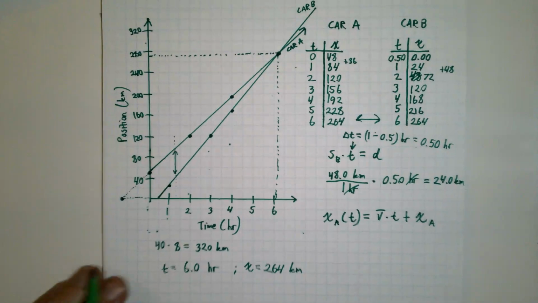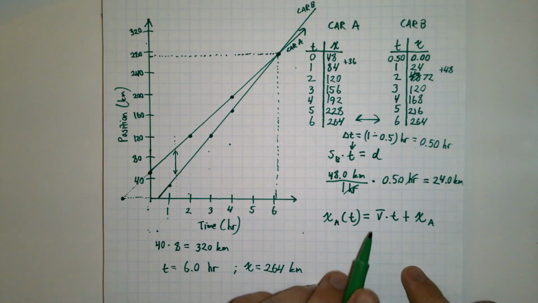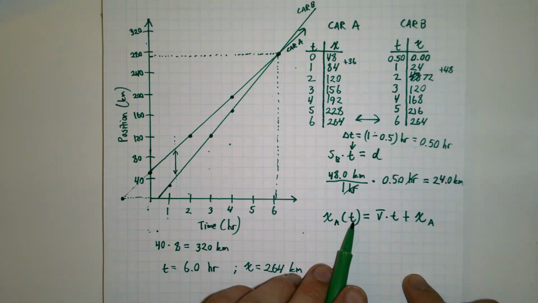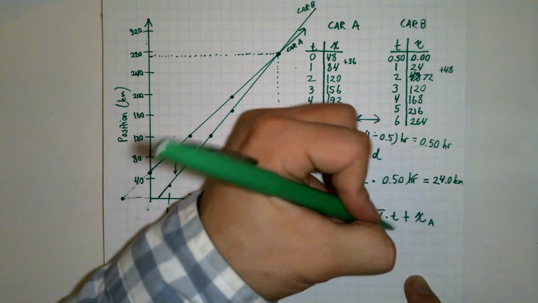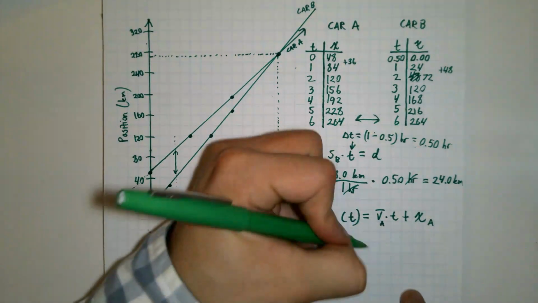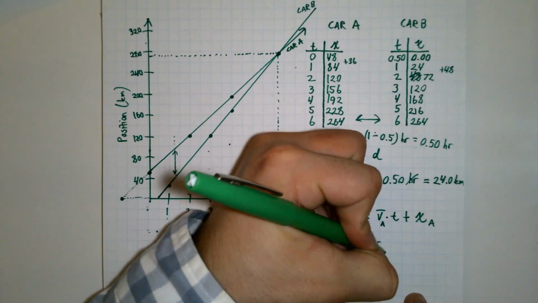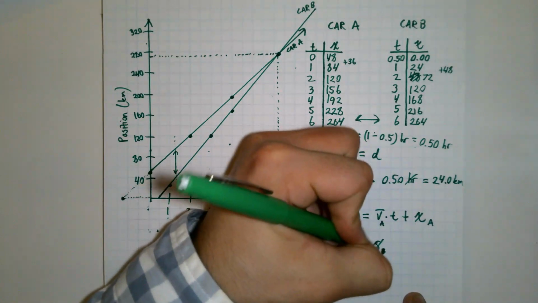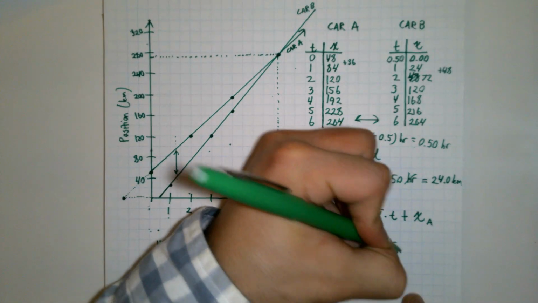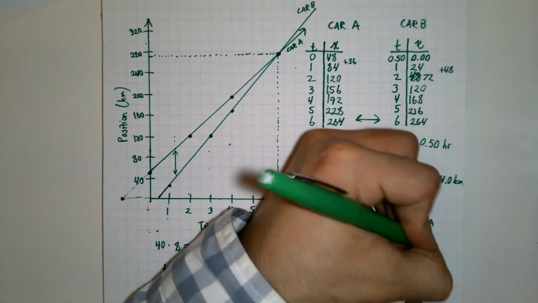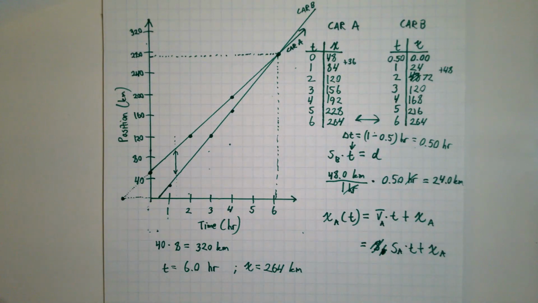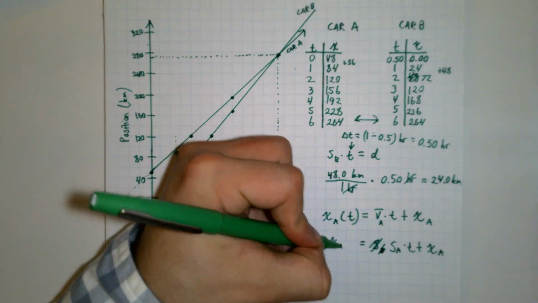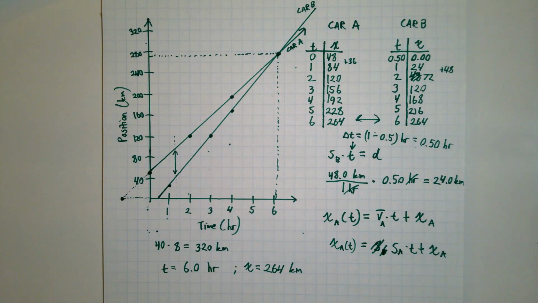This is the position as a function of time for car A. I put a v in here. For our cases, we would say the speed of A times time plus the initial position of A. And that gives us a function of the position of A as a function of time.